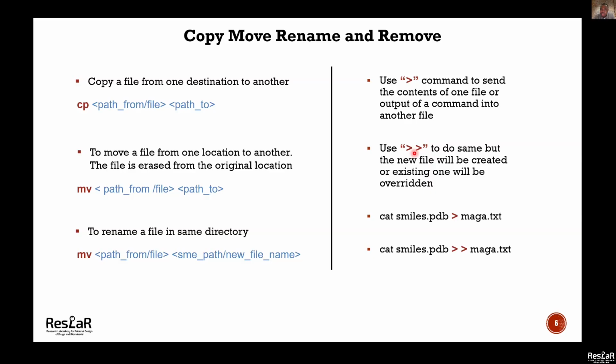The single sign will create a new file or override an existing file. So these are just the differences. So you can list the content of smypdb and send it to maga.txt. So that is very simple. You can also list it and send it to maga.txt with the single sign, and if maga.txt does not exist, or even if it exists, it will override whatever is already there. So that's just it. So be careful with the single sign.